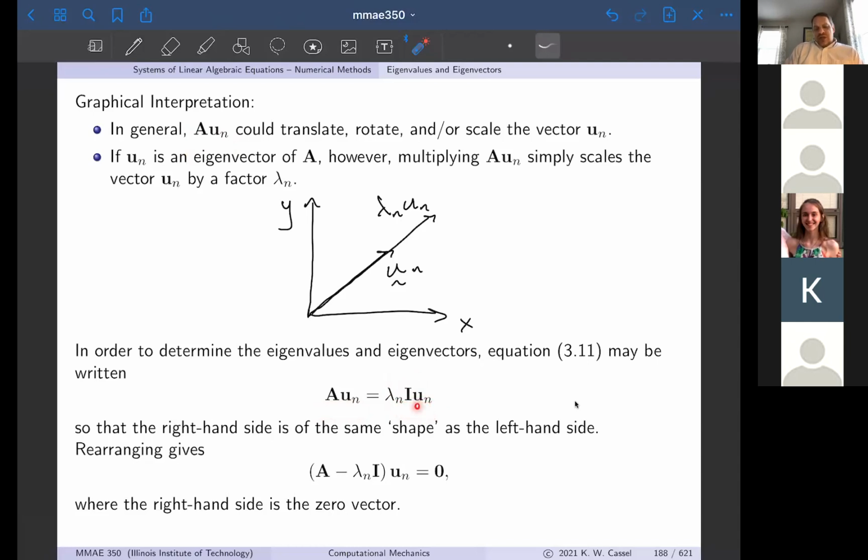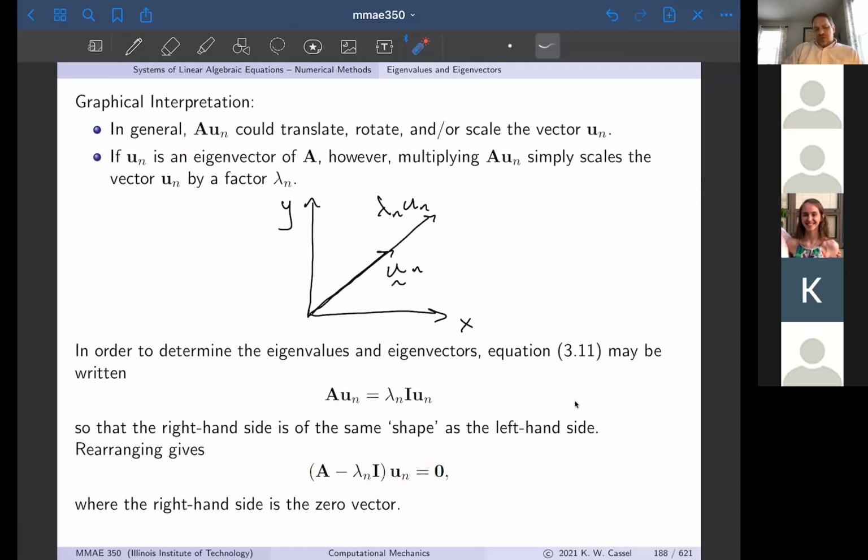And that is so that I can bring this term over to the left-hand side, factor out the U n, and I get a new coefficient matrix, A minus lambda times I. That's my new coefficient matrix, which is n by n, times the vector U n is equal to 0. Notice that's a bold 0, so that's a 0 vector.